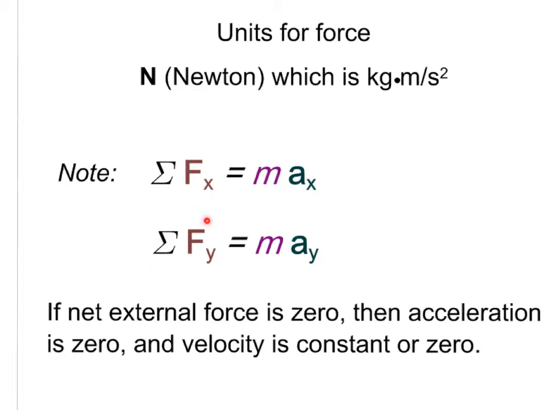The sum of the force in the y direction is going to be equal to the mass times acceleration in the y direction. If our net external force is 0, then the acceleration would be 0 as well. And that would mean that our velocity is constant, either at a constant velocity of some magnitude or at a constant velocity of 0, one or the other.